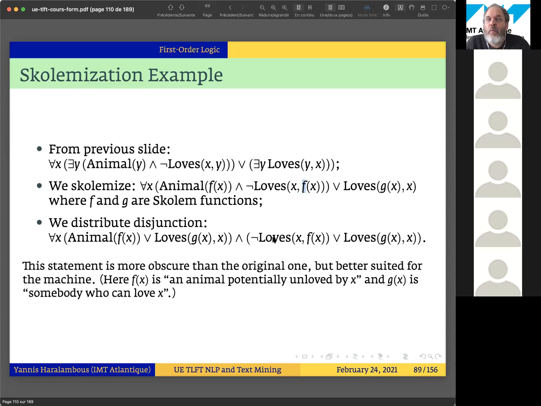I can choose one value, for example, pi divided by 2, and this pi divided by 2 will be the Skolem constant, which will eliminate the existential quantifier.